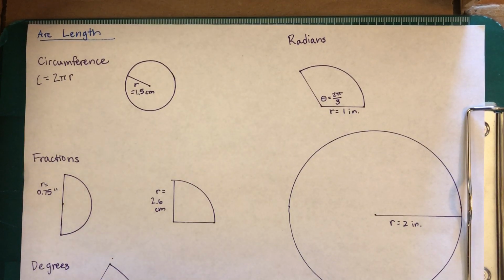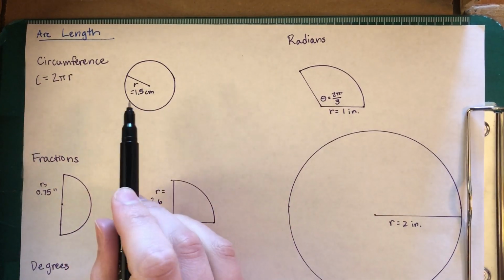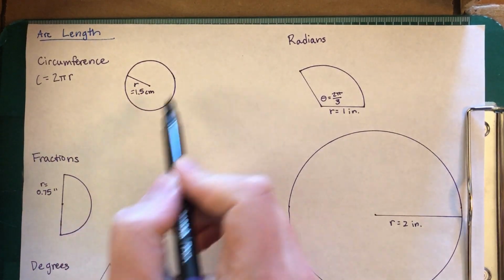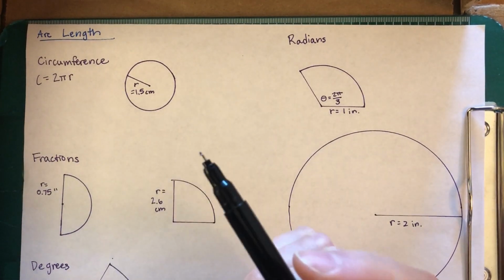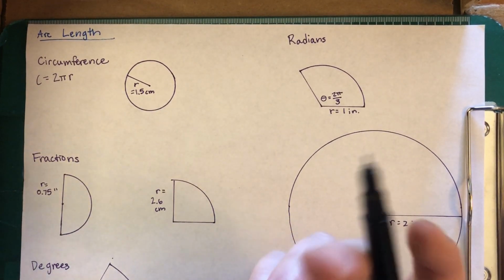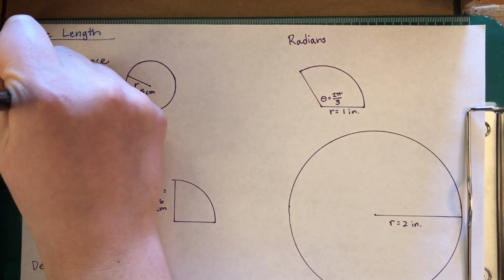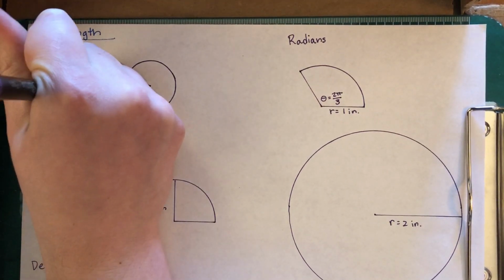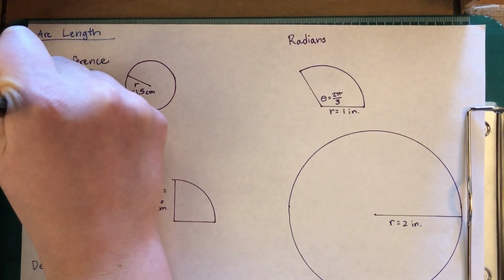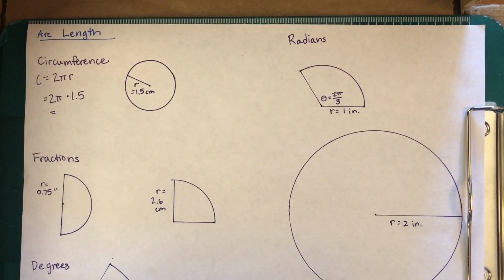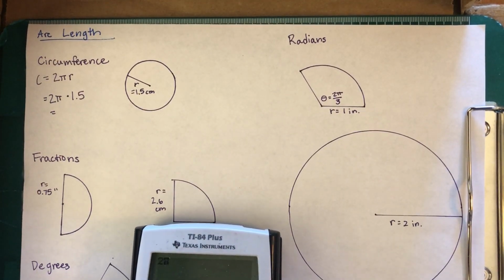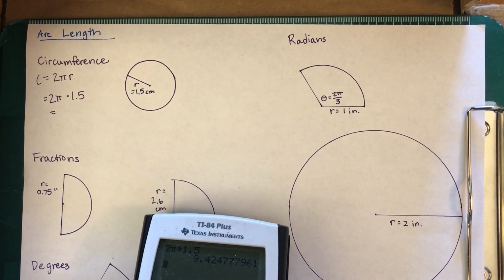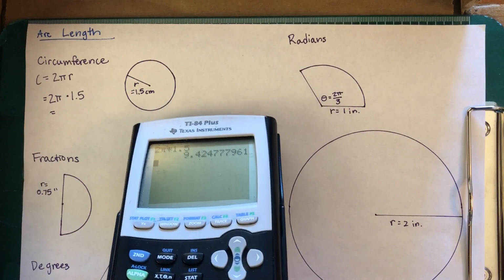So if we wanted to know what the circumference is of this circle, we know that the radius is 1.5 centimeters. So in this case, it would be 2 pi times 1.5. And let's see what that equals. 2 pi times 1.5 equals about 9.4 centimeters.